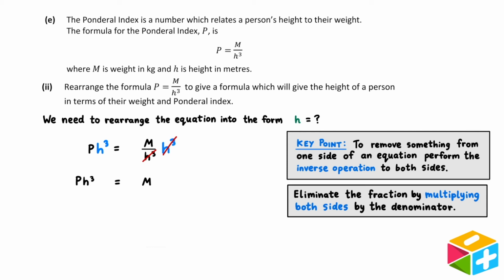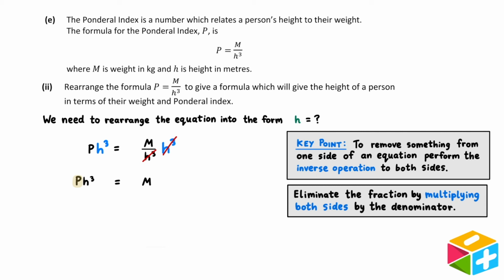Now that we've got the h out of the bottom of a fraction, things are looking a lot cleaner. Remember, our goal is to isolate h all by itself on one side of the equation. To do this, we'll need to remove the p and the power of 3. Let's start with the p. This p is being multiplied by the h to the power of 3.